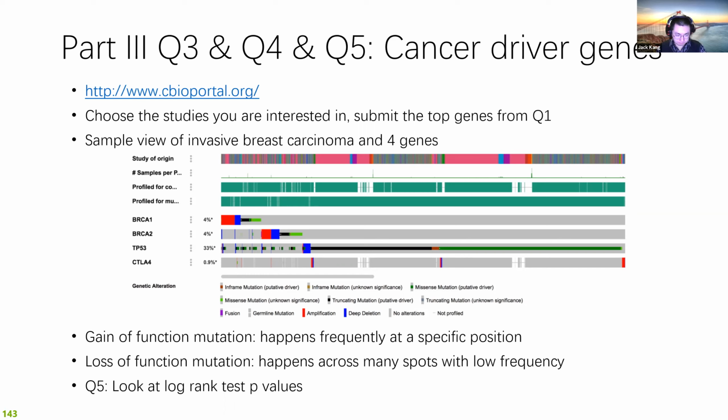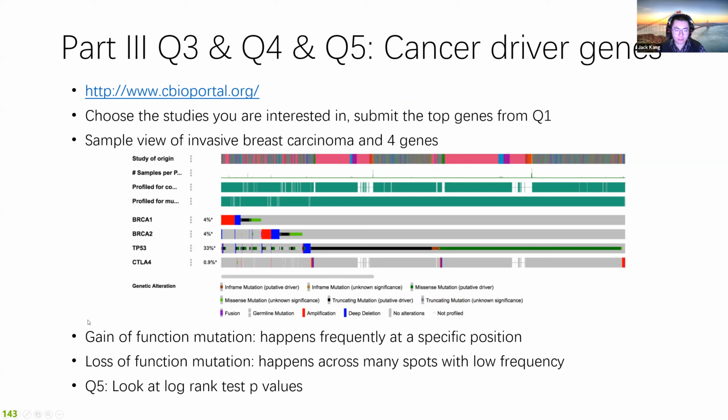And in question 4, you will be asked to identify whether a mutation is a gain of function mutation or a loss of function mutation. So you can click into that mutation and see whether it happens frequently at a specific position, or at very low frequency across the gene body.